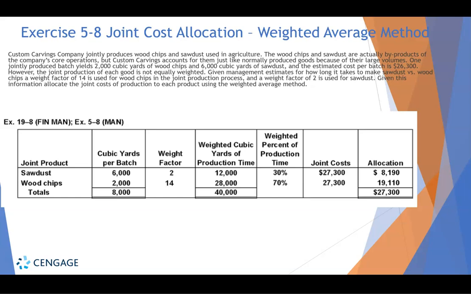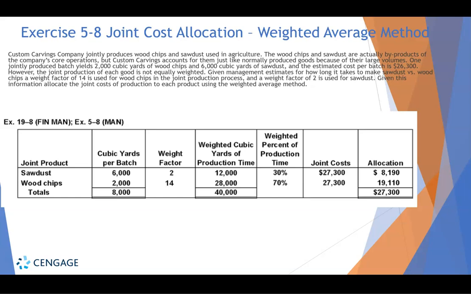So you see, if we have 6,000 cubic yards of sawdust at a weight factor of 2, that gives us 12,000 cubic yards of production time. Wood chips, 2,000 cubic yards at a weight factor of 14 gives us 28,000 weighted cubic yards.